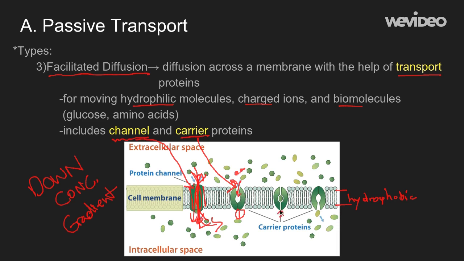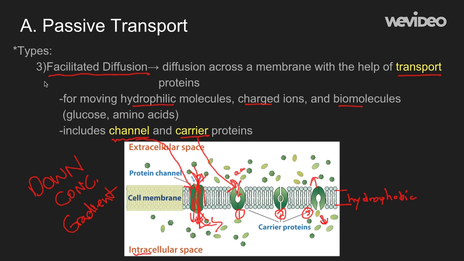Step two is it's right here in the middle. And then step three, it expels it to the interior. This is intracellular space, so it's going into the cell here. These things can often work in reverse order. If there's a high concentration inside the cell, they'll go out of the cell as well.